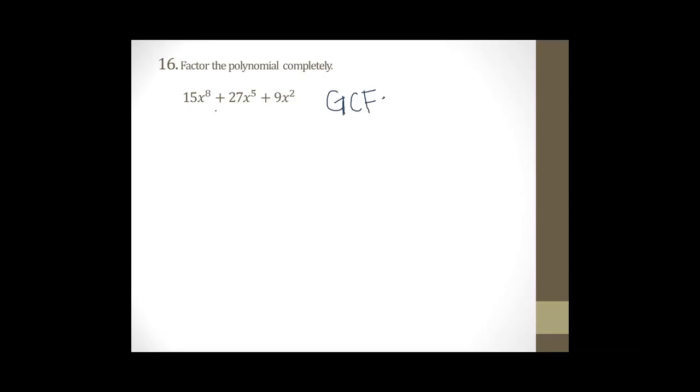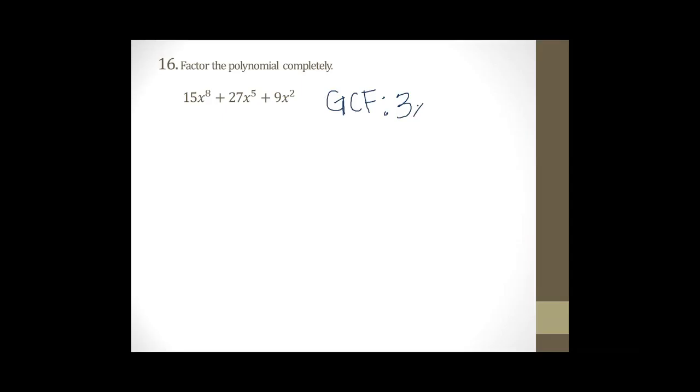We can start with just the 15, the 27, and the 9. So what's the greatest common factor between 15, 27, and 9? 3. Awesome. 3 is the greatest common factor between those three coefficients. Now let's look at the variables, the x. So what's the greatest number of x's all three have in common?